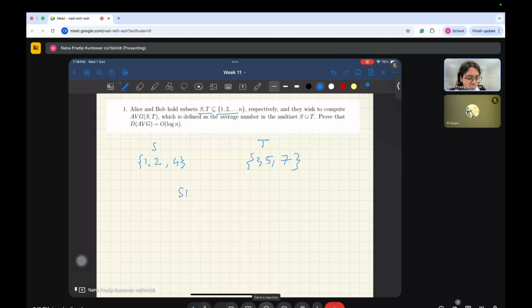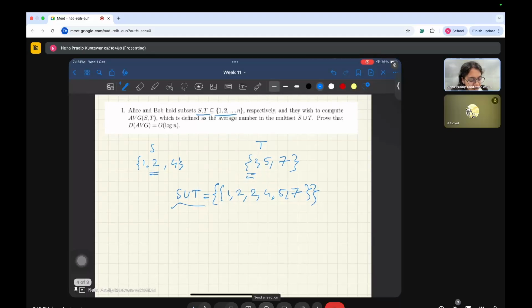Then we'll do S union T, which is 1 2 2 4 5 7. So this is a multiset, generally denoted like this. If there are repetitions, we will keep them. And then we're going to compute the average of this, which will be the summation, 1 plus 2 plus 2 plus 4 plus 5 plus 7, divided by 6. So this is what we want to compute.